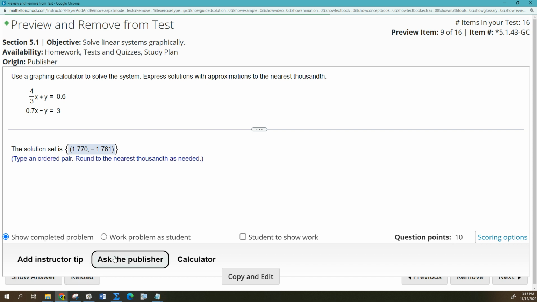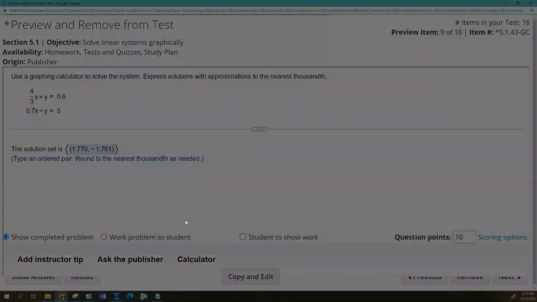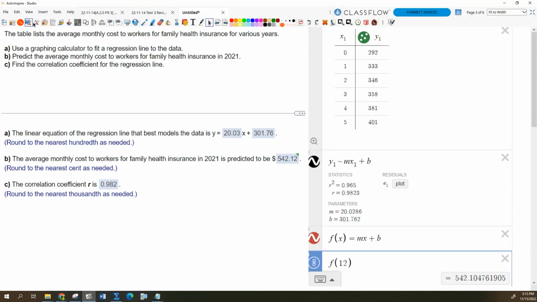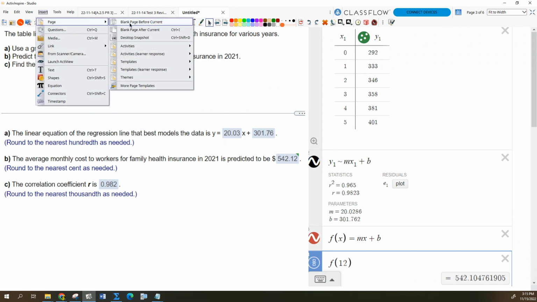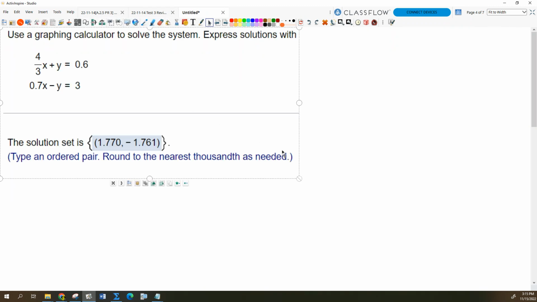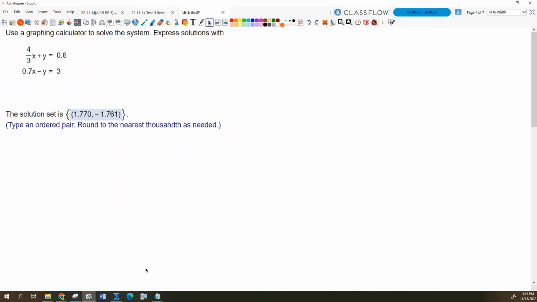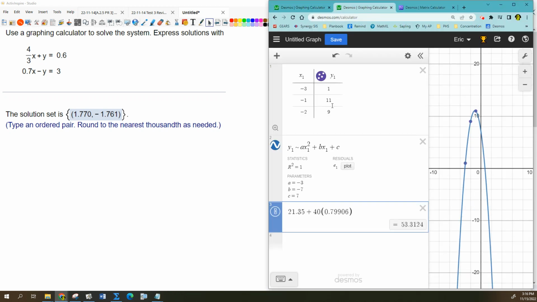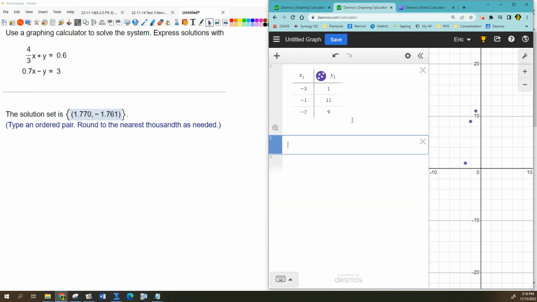So all we've got to do here, so we're just going to go into Desmos and we're just going to graph these lines, right?